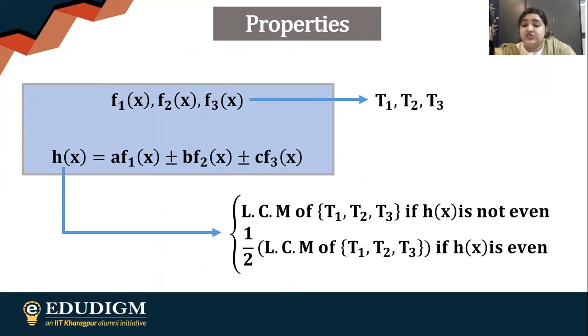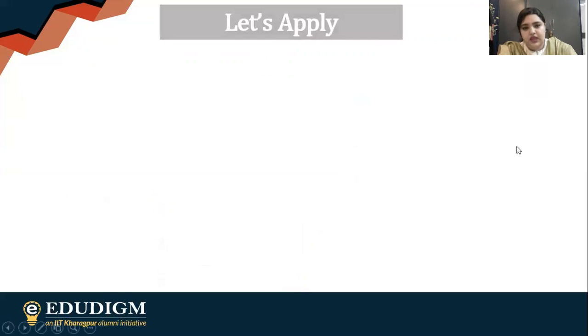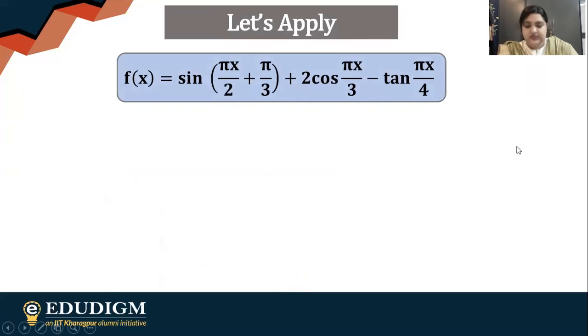All right, let's take some examples so that we have a very clear working idea of this property. First of all, let's consider this. If you consider each and every portion, you will see that there's sine, cos, tan, all trigonometric functions which are periodic. We have to find out the periodicity of this function.